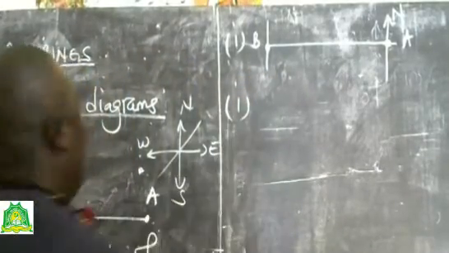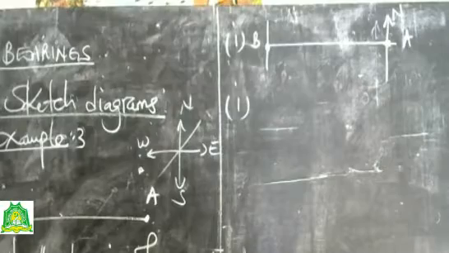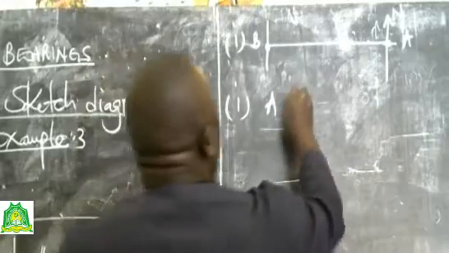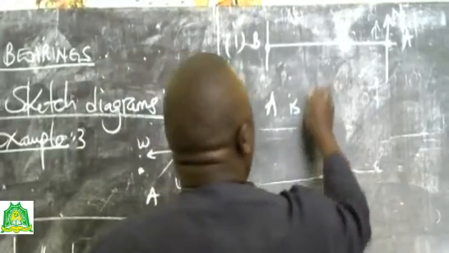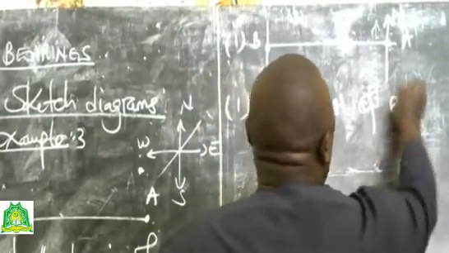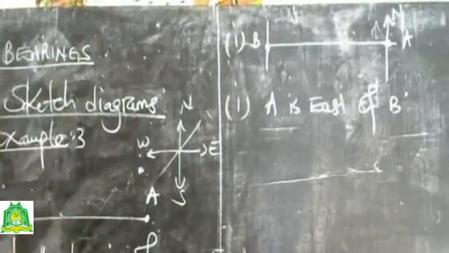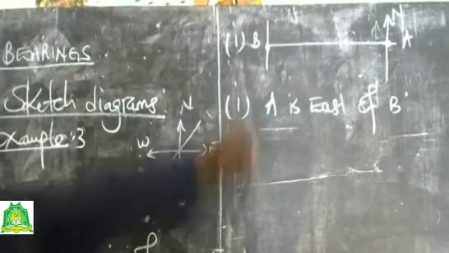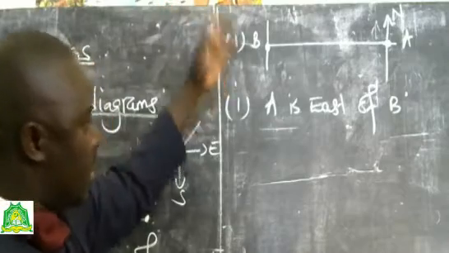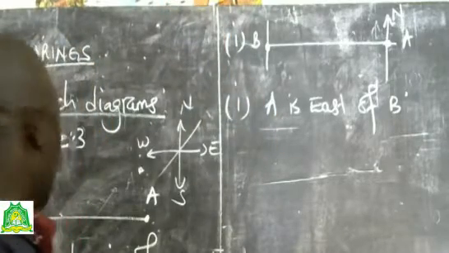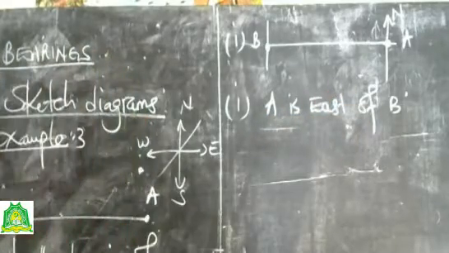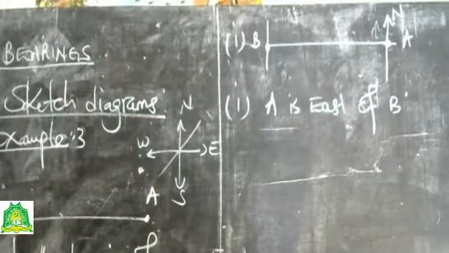A person can say A is east of B. That one is a clear statement, even if you do not measure the angle. And I said anything which is due east will mean 90 degrees. You are going to see it for the second solution. But A is east of B. What about Roman 2? Bearing of B from A.